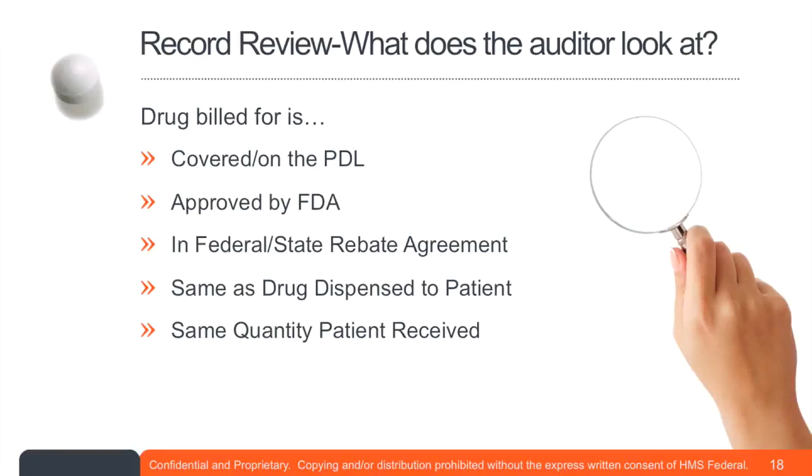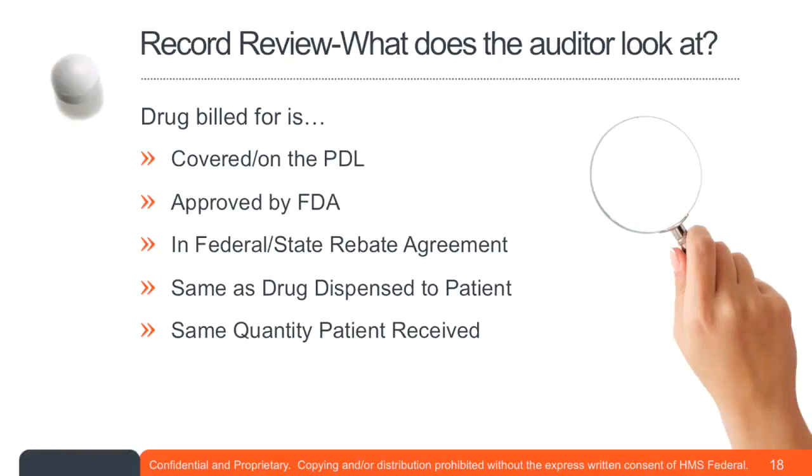Then the point that I skipped over is the federal and state rebate agreement. Most states, I believe only maybe 3 or 4 do not, have a federal rebate agreement with drug manufacturers. So pharmacies must bill for drugs that are within that rebate agreement when they are billing Medicaid.